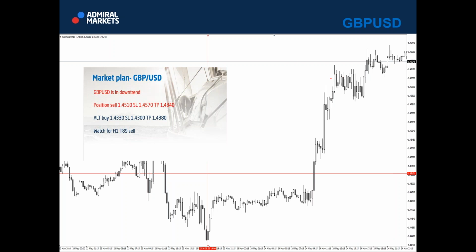Unfortunately, pound, well, who could have thought, right? Who could have thought that pound would make, I don't know how to call this move, but this was basically after the latest poll on Brexit, which suggested that the UK will remain in the European Union.